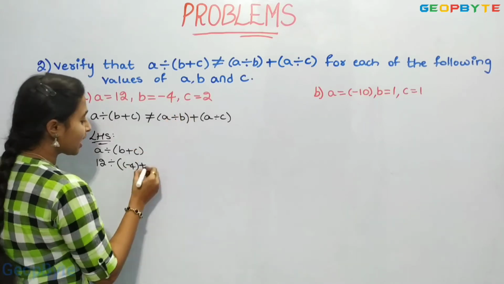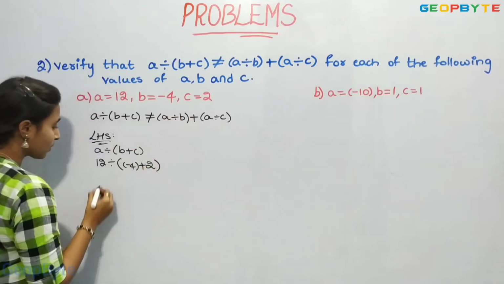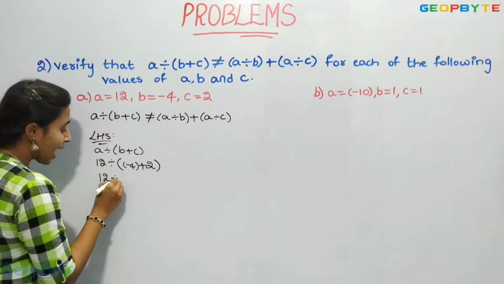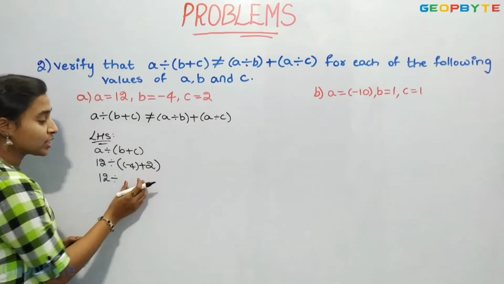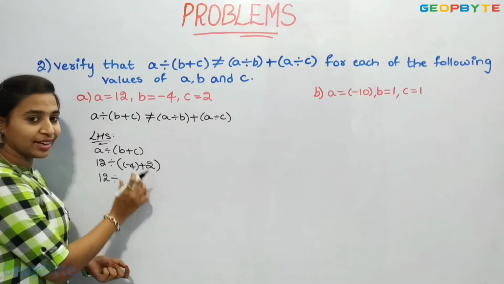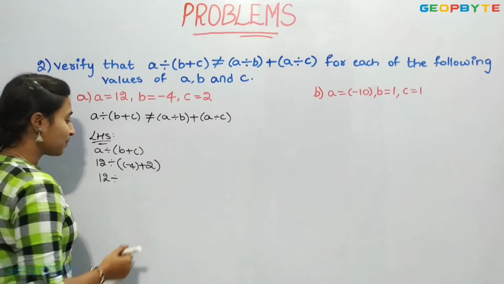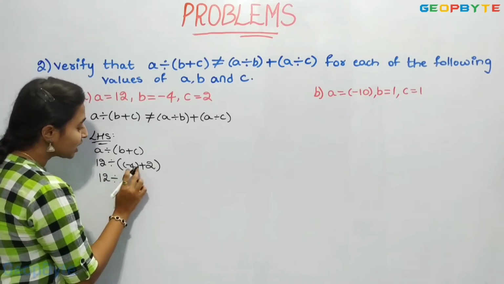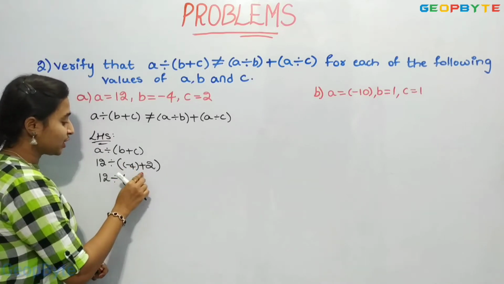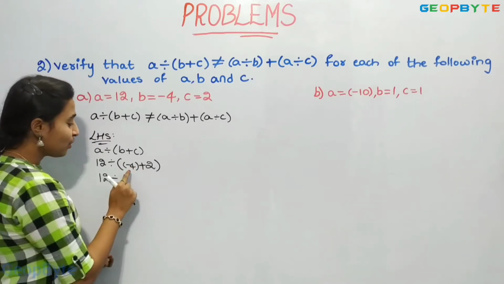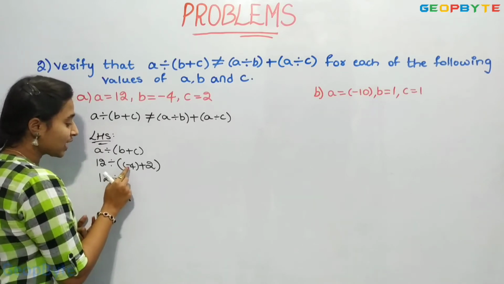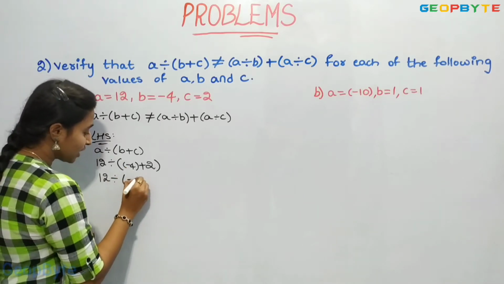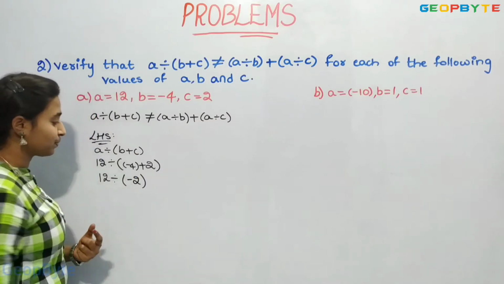plus C as 2. 12 divided by, as per the BODMAS rule, we need to solve the numbers or integers which are in brackets first. That is, we have minus 4 plus 2. Minus into plus is minus. 4 minus 2 is 2. We have the minus sign for the greater number, that is minus 2.